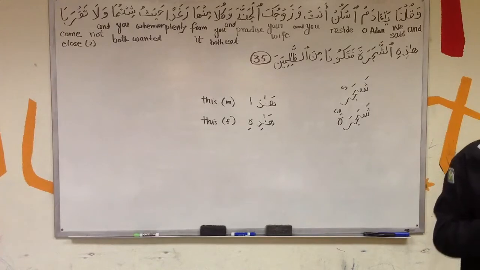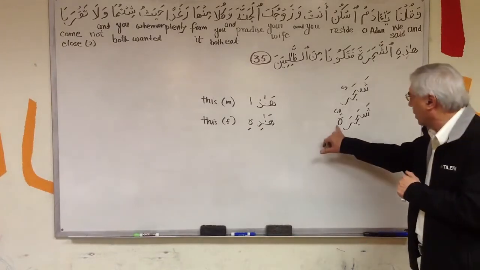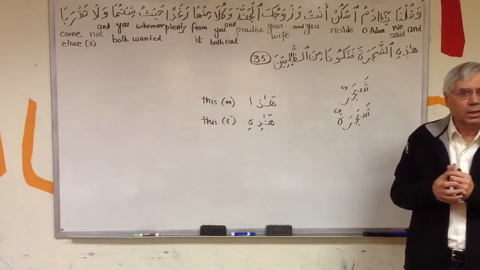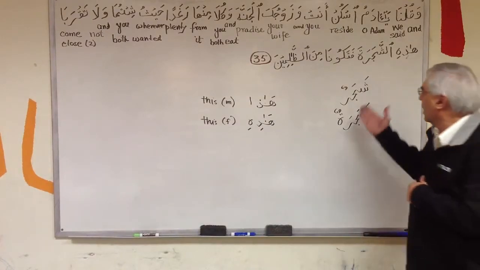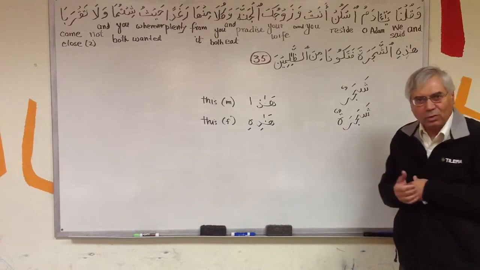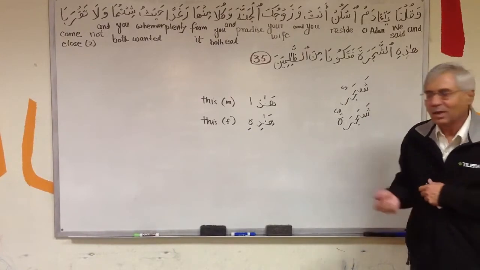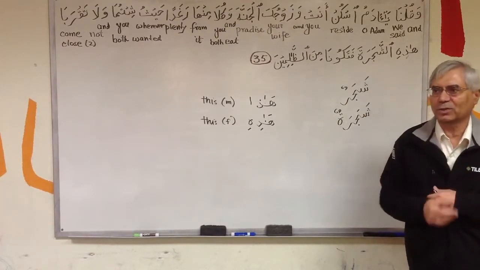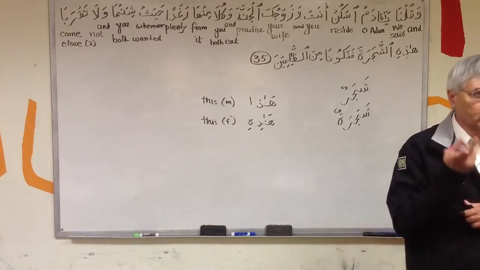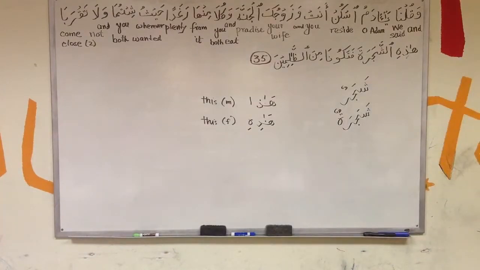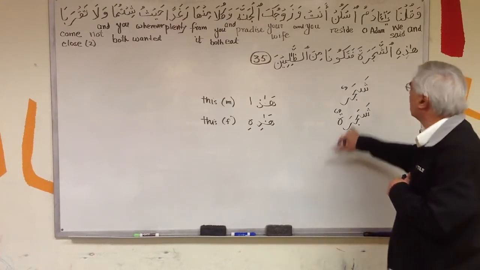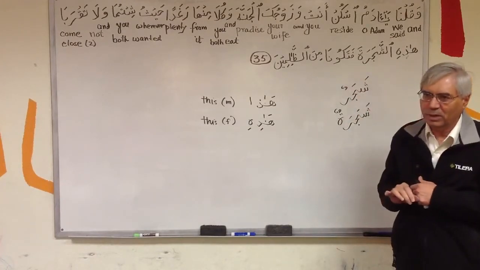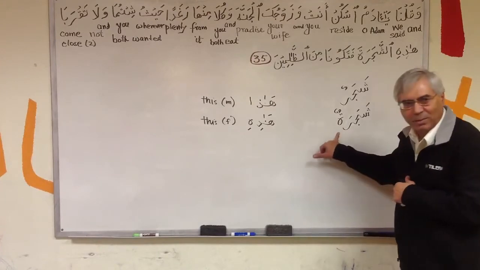So when you see a ta marbuta with two dhammas, it is a sign of being feminine. The word shajarun is used for a tree. Also, shajaratun is used for the tree. So some words can be used either way. In this case, the word shajaratun is being used, which means it's feminine.